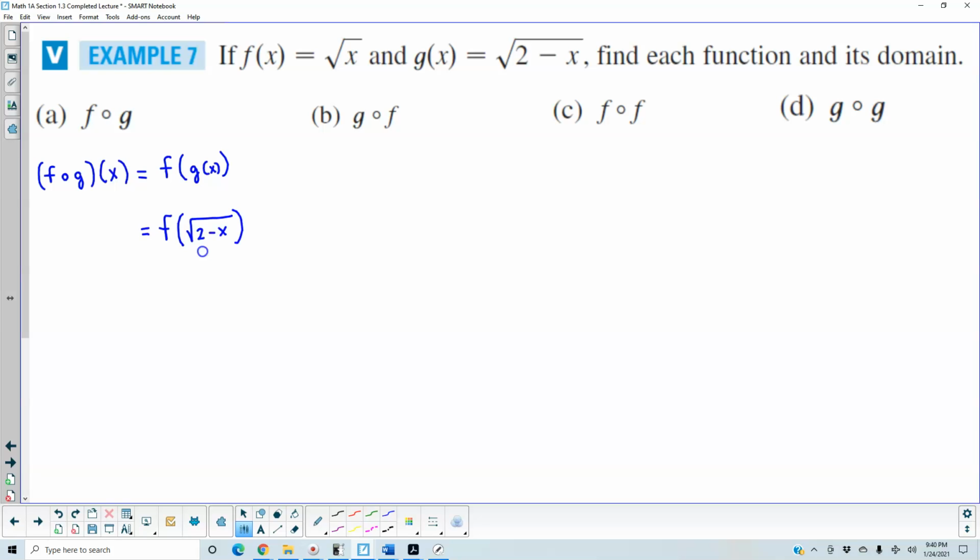And now this becomes the input on the square root of x. So we know the function f is the square root of x, and instead of writing x, it's going to be the square root of 2 minus x.